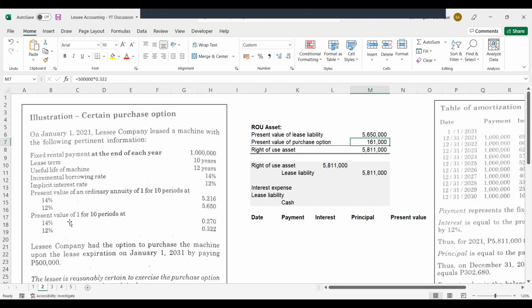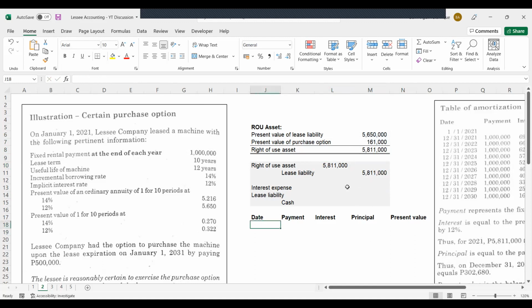So ang gagamitin natin is PV of 1 kasi isang one-time lump sum payment lang siya at the end for 10 periods. Then gagamitin natin yung 12%. So 0.322. So 500,000 times 0.322 is 161,000. So the total ROU and the lease liabilities sa entry natin will be 5,811,000. Okay, so ganito natin siya entry.